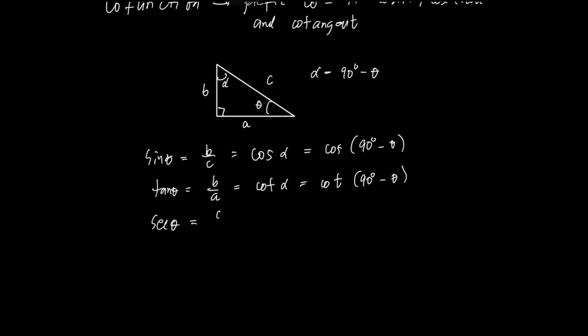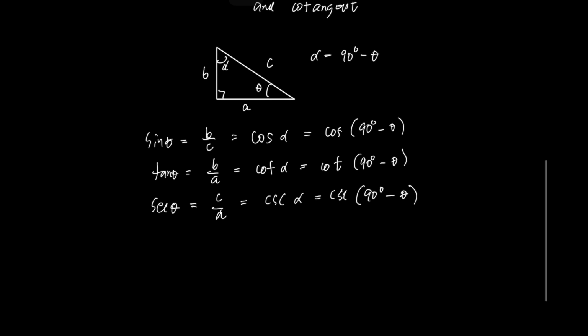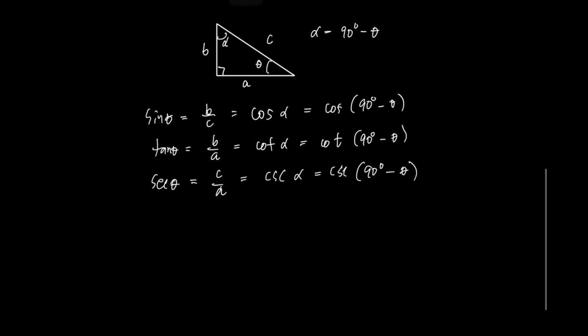The secant theta is C over A, and C over A is also the cosecant alpha, which is cosecant of 90 degrees minus theta. So from this, we know that the cosine is the cofunction of sine, the cotangent is the cofunction of tangent, and the cosecant is the cofunction of secant.